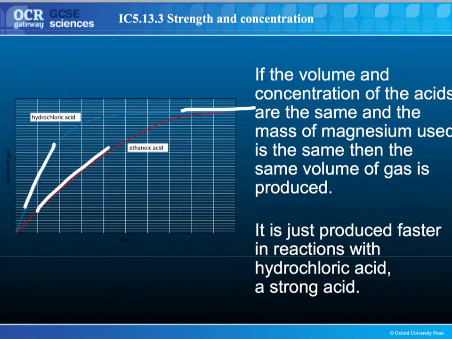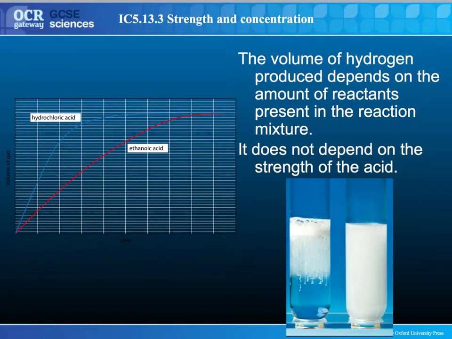That means the amount of gas is the same, but the rate of reaction is different. They both contain the same amount of hydrogen. It's just that it's not fully available in the ethanoic acid, so it takes much longer to get to the end point, but the end point does not move. Just to be 100% clear, the volume of gas produced depends on the amount of reactant, so the concentration, rather than the strength of the acid, rather than how much hydrogen is dissociated.